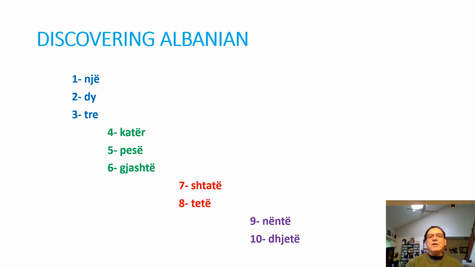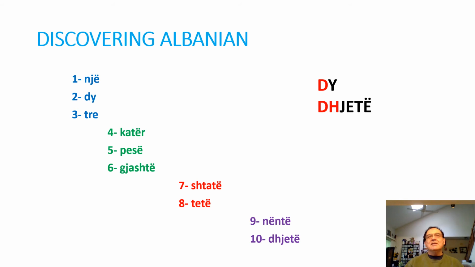Finally, we have two words here that start with a D. We have the word for 2, du, and we have the word for 10, dhjetë. Now, in one case, we write that with a D, and in the other case, we write that with a DH. What's the difference? Well, number 2, we say du. That D is the same sound that we have in the word in English, day, d, du.